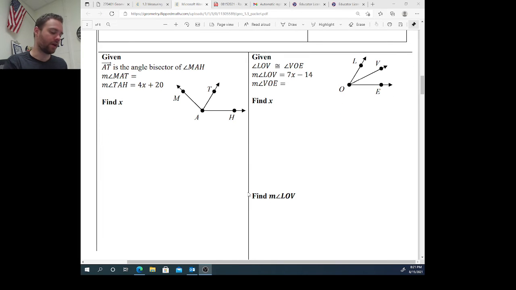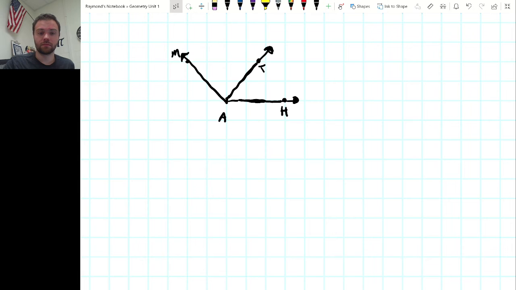And so they give us this diagram, and it spells math. So I'm just going to draw that.